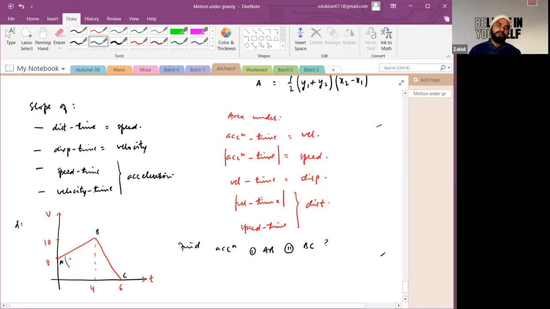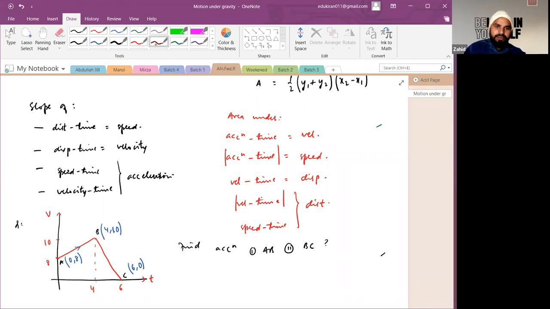For A, it will be 0 and 8. Similarly for B, it will be 4 and 10. And for C, it will be 6, 0. As we are progressing in this direction, B will be termed x2, y2, and A will be termed x1, y1.